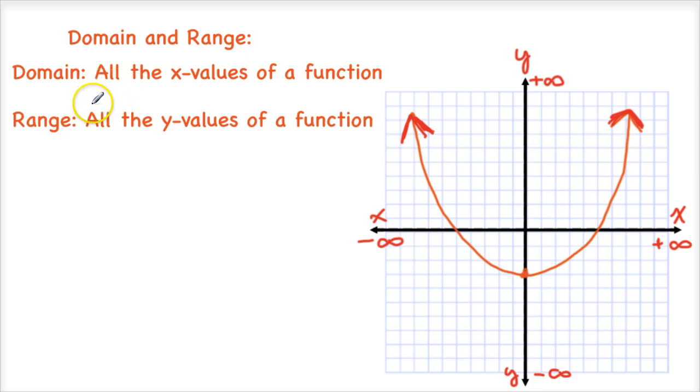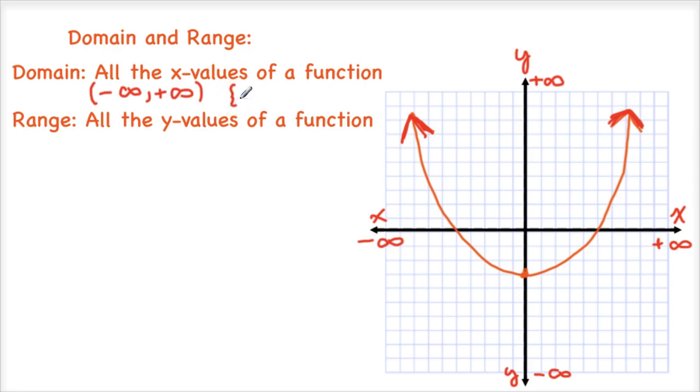And remember, we have a few different ways to write that. We have interval notation. So I can write this as negative infinity, comma, positive infinity. And I use parentheses because you can't include the value; you don't have a closed value there because it's infinity. So that's interval notation to say that the domain is all real numbers.